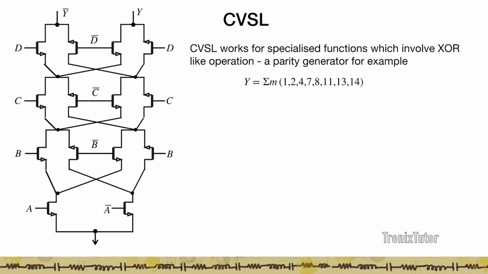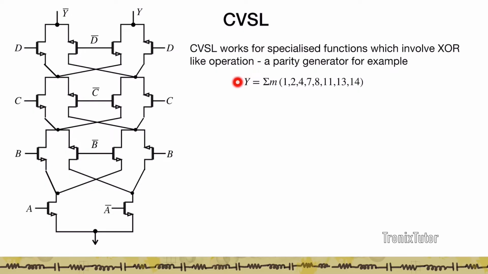Now this CVSL logic provides great advantages, especially when you work on very specialized functions which in the CMOS implementation will consume a lot of area. For example, functions which involve a lot of XOR generally tend to like CVSL kind of implementations because XOR requires true and complement anyway.